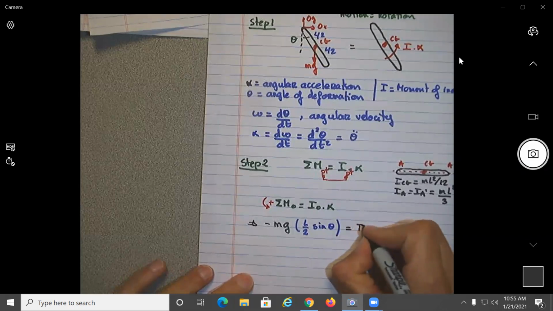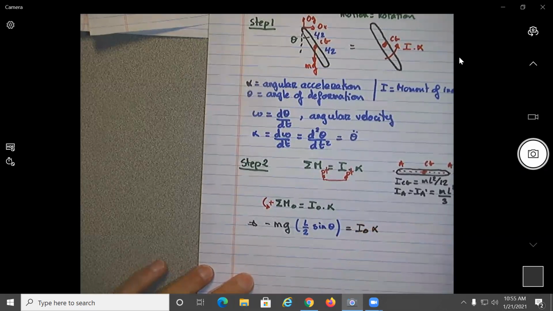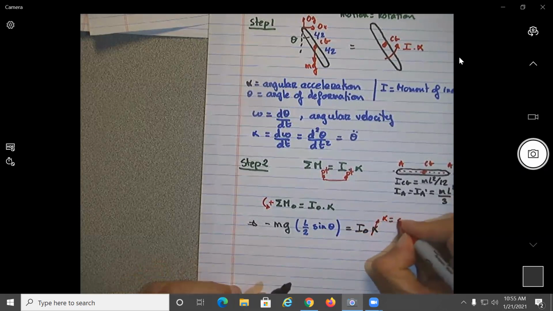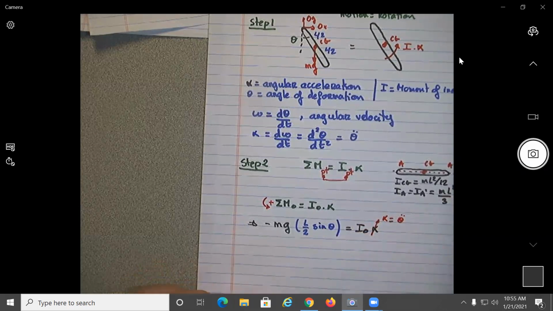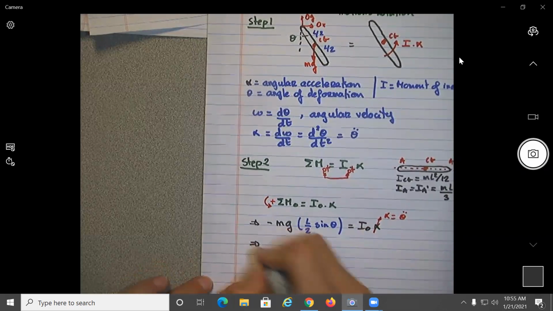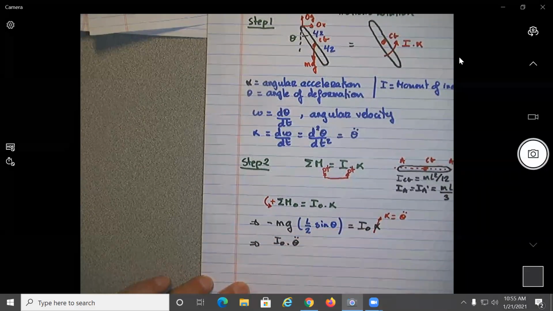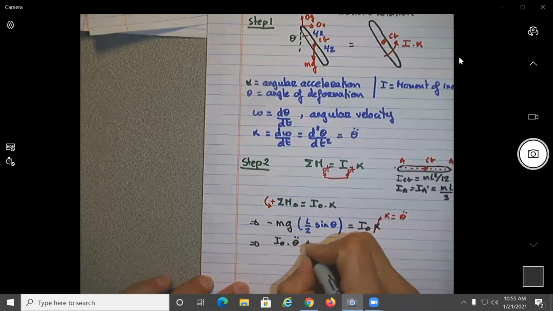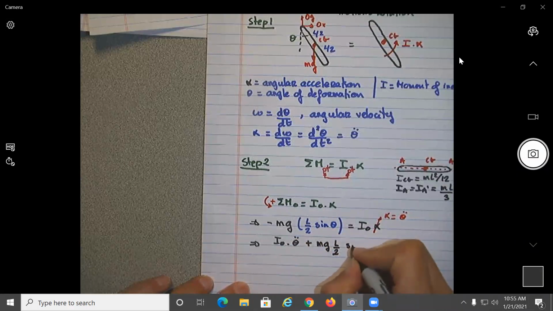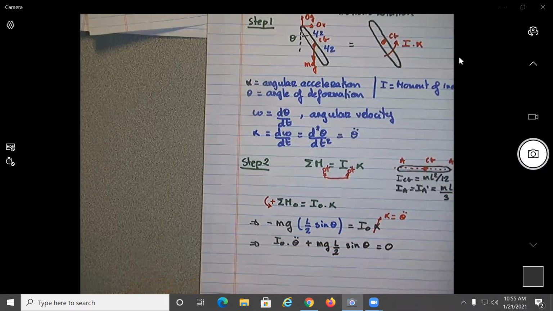I sub O alpha. But what do we know about the alpha over here? That is equal to theta double dot. So I can rewrite this as I sub O theta double dot plus mg L over 2 sine theta equal to 0.